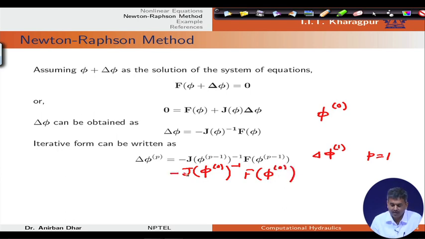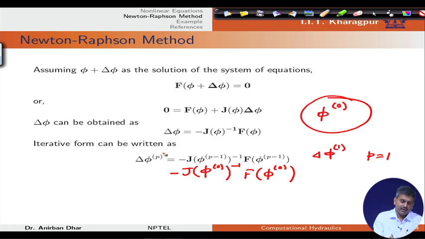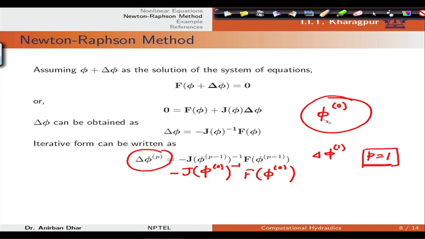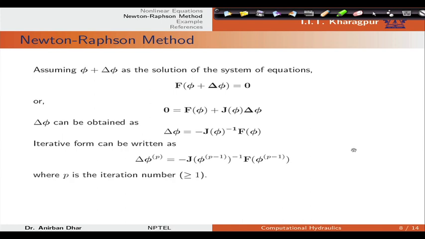That means we can start from our guess value like the iterative technique that we have utilized for the constant coefficient case. Now, we can get information about this del phi vector at the pth iteration, where p equals 1. We are starting from this guess value which is phi naught. Now, this particular step is valid for p greater than or equal to 1.